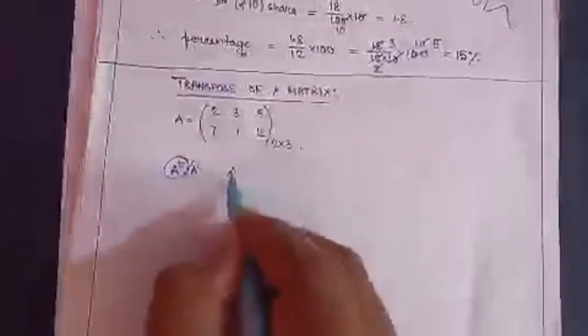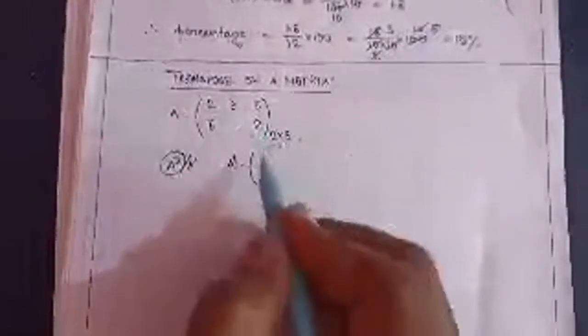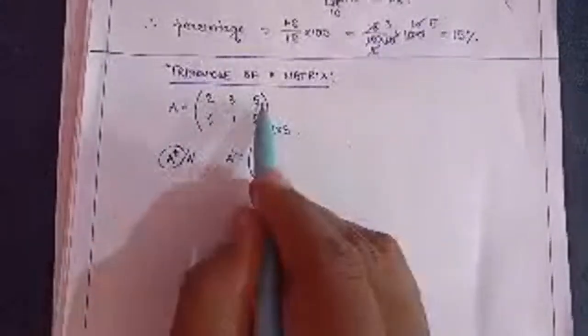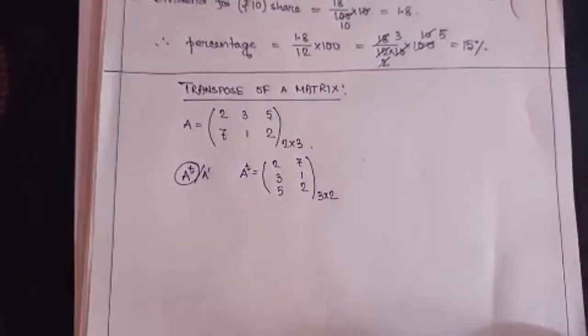So A transpose will be when the row transforms to column. 2 3 5, this is the first row. When we write it column-wise, 2 3 5, see, the first row transforms to the first column; by the same way, the second row transforms to the second column, 7 1 2. Okay, so this becomes a 3 cross 2 matrix. This is the idea of transpose of the matrix.